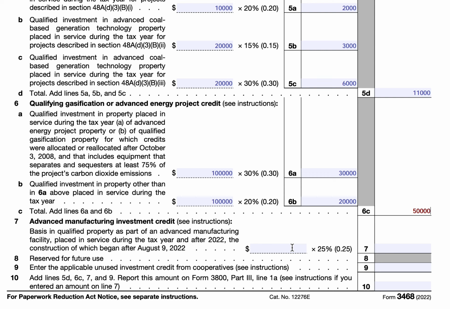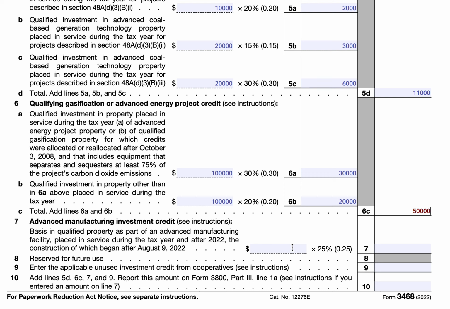Property that is constructed, reconstructed, or erected by the taxpayer or acquired by the taxpayer if the original use of the property starts with that taxpayer, or then property that is integral to the operation of an advanced manufacturing facility.